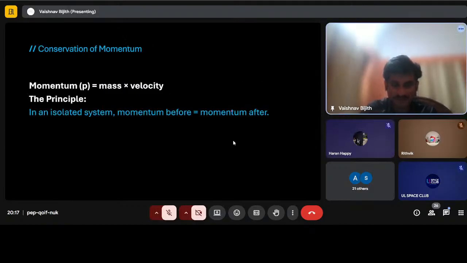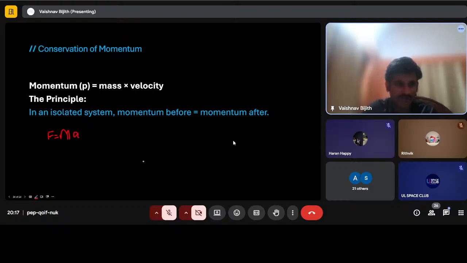Okay. So next up, we have conservation of momentum. Before getting into this, I'll give you a scenario. We already discussed that F equals ma, as per Newton's second law.